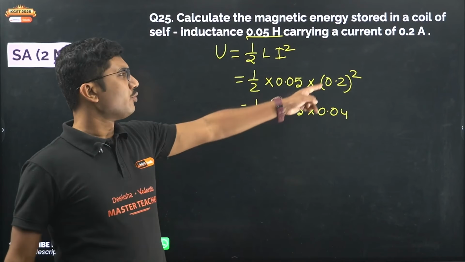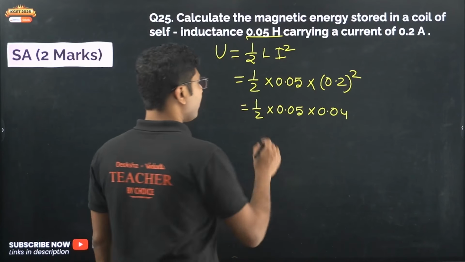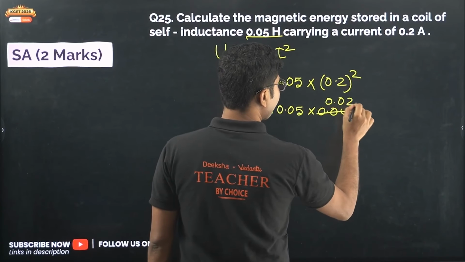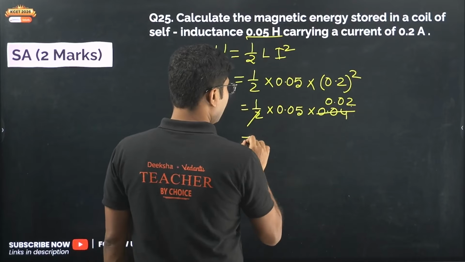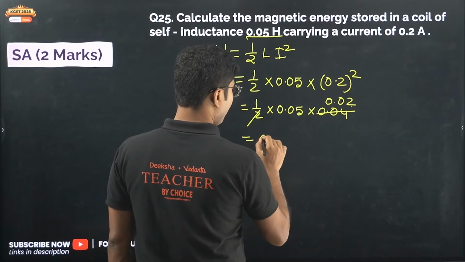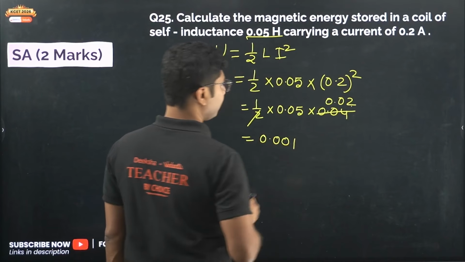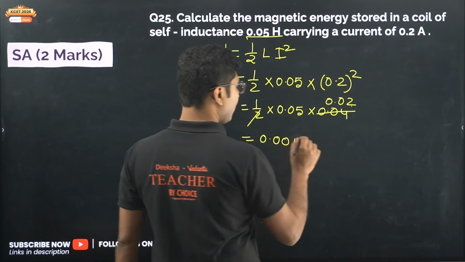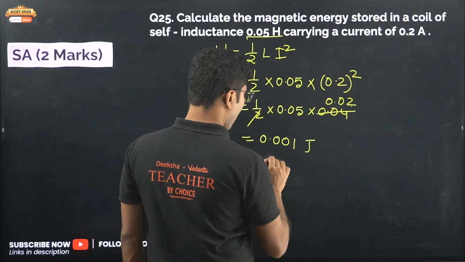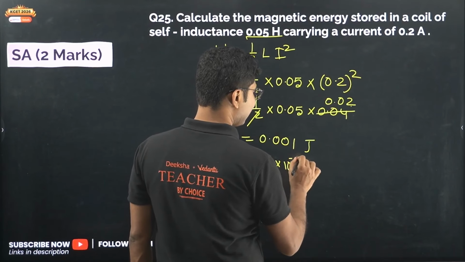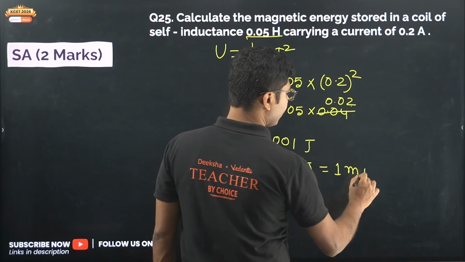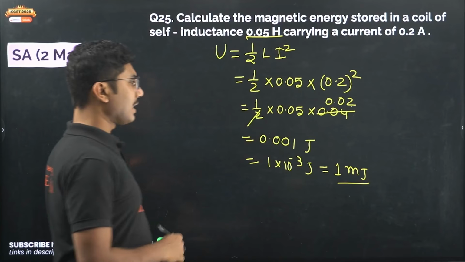Okay, 0.2 square means 0.04, so you cancel it, you get 0.02. If you multiply you will get 0.001. Okay, you can use a calculator and check it. 0.001 joules or 1 into 10 to the power of minus 3 joules or 1 millijoule. So the correct answer here is 1 millijoule.